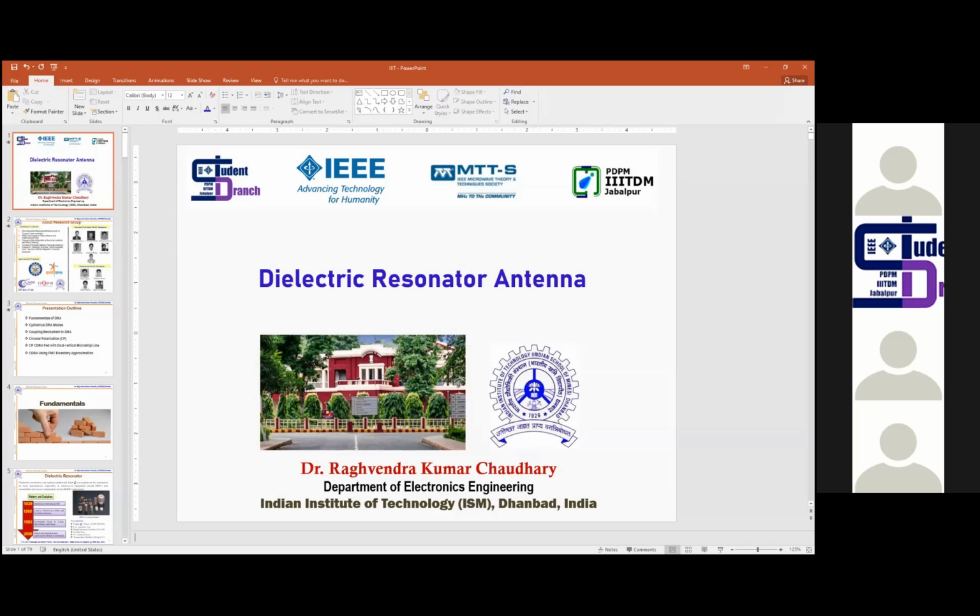One question. How does the DRA radiation mechanism differ from a conventional antenna? As I told, what kind of conventional antennas? There are a number of conventional antennas. If I just take the lambda by 2 antenna, there is a charge neutralization technique.